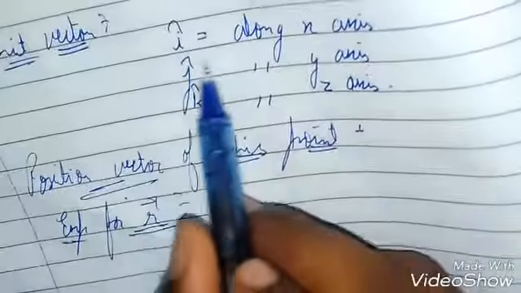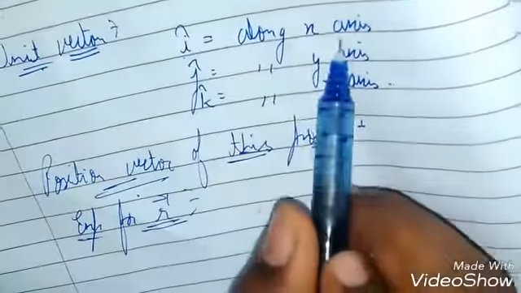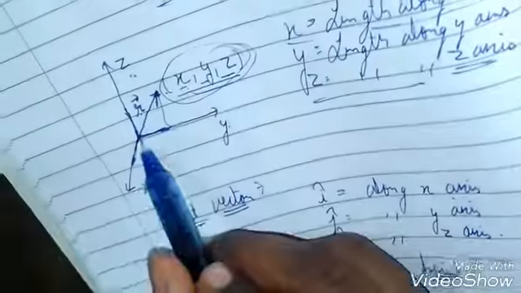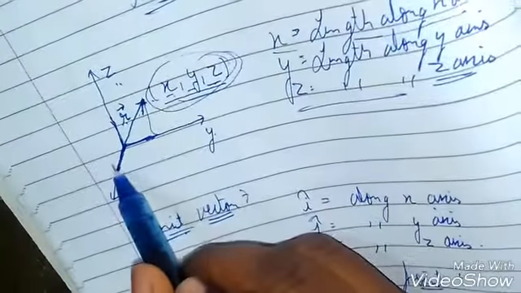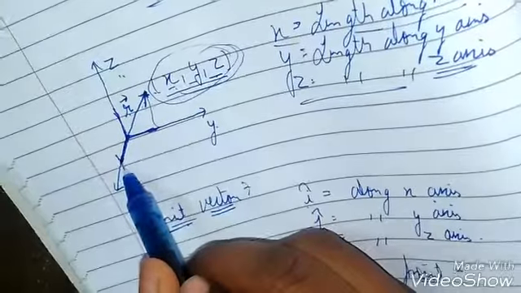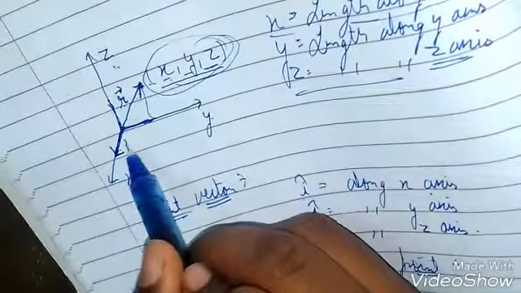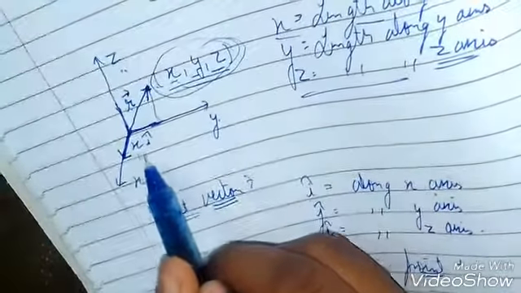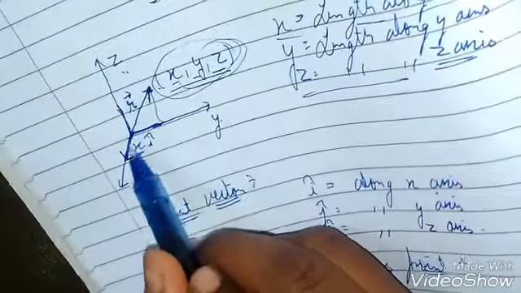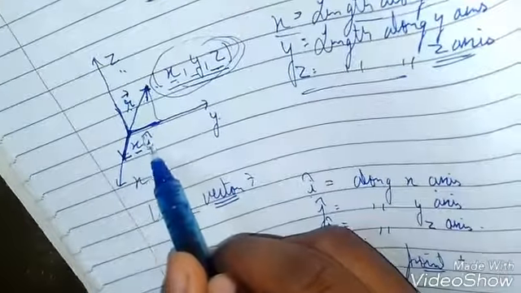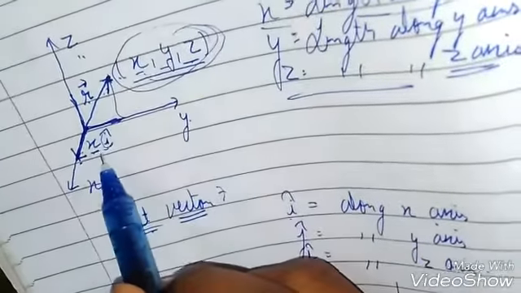As you can see, i cap here is a unit vector along the x-axis, therefore the length along the x-axis, this one, can be represented by a vector which is x i cap. X is here denoting the magnitude of this line, and i cap is denoting the direction, which is along the positive x-axis.